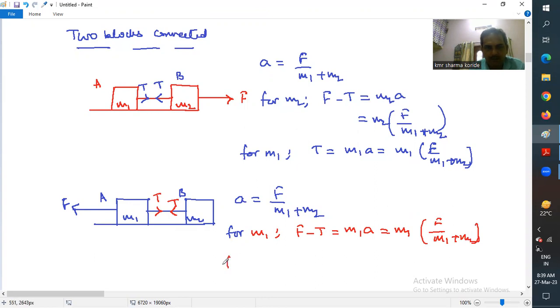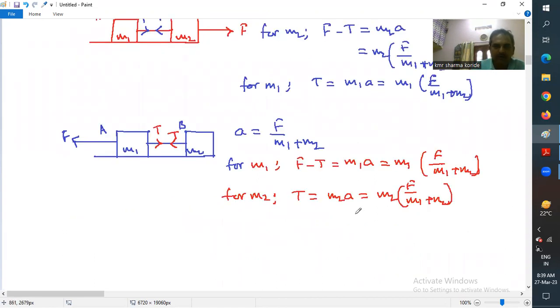Next, for M2, tension only is the reason for its motion. M2A, M2 of F by M1 plus M2. Suppose when three bodies are connected.